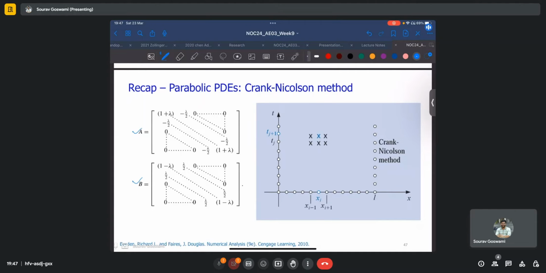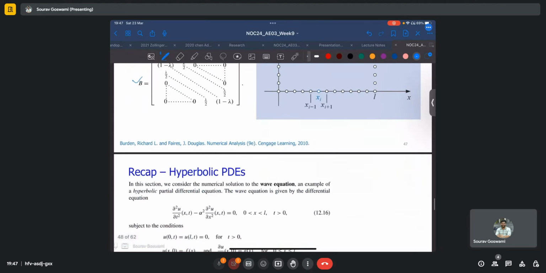And here is a visualization of the Crank-Nicolson method. So to find the information about the state of the system at this blue cross, we utilize information from these neighbors, both at the concurrent time step and from the time step before.